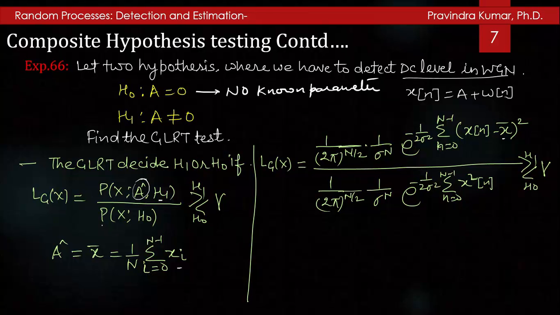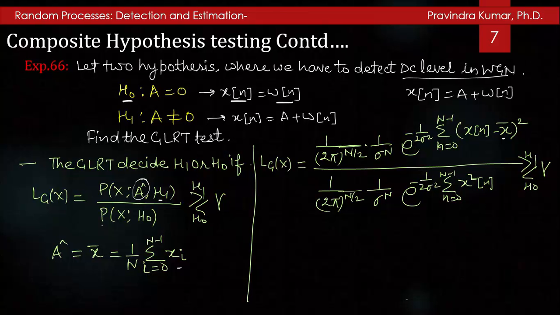So taking the natural log here: under hypothesis H0, xn will be omega n, only noise will be present, and under hypothesis H1 you can consider the observed sample xn to be A plus omega n.